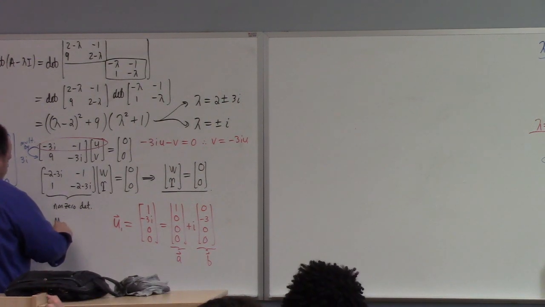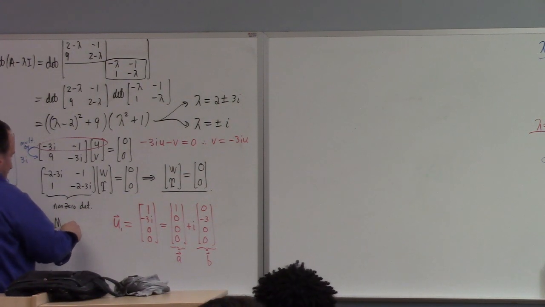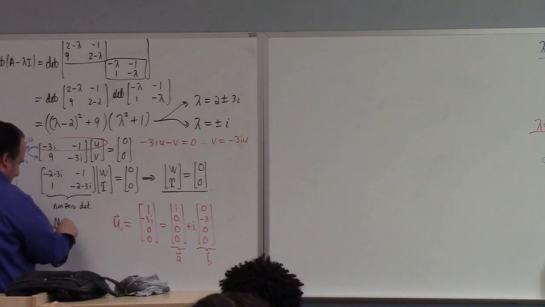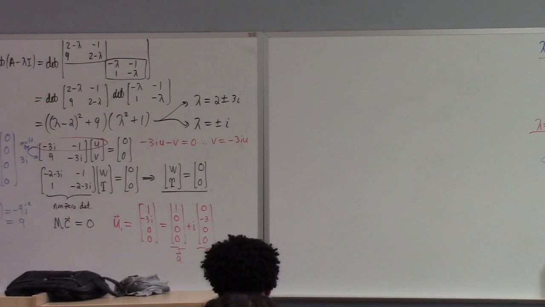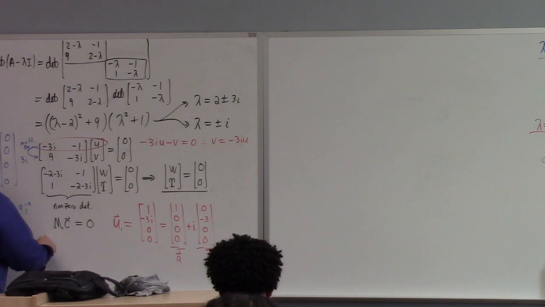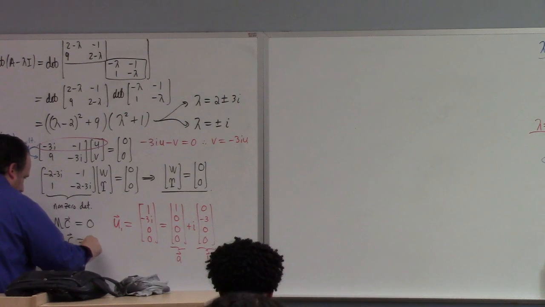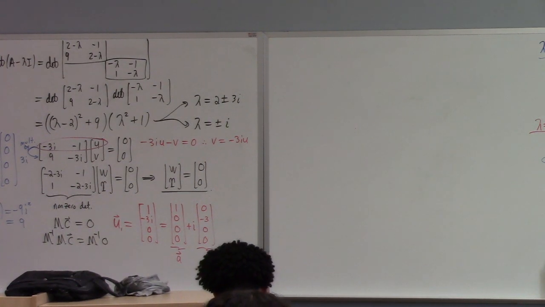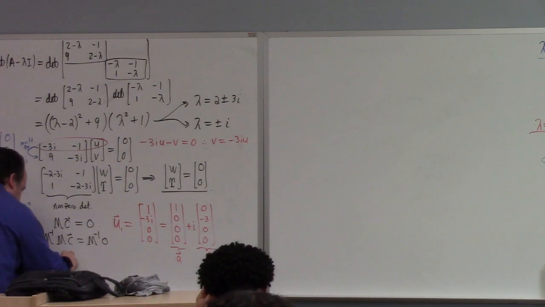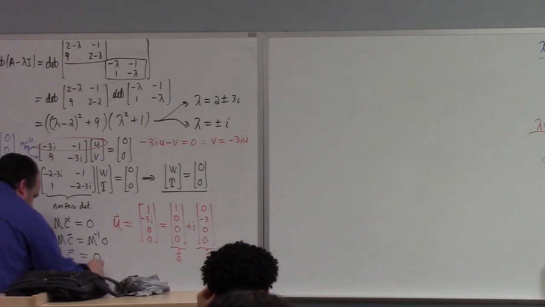I've got a matrix M times a vector, let's say C, equals 0. If M inverse exists, I multiply this equation by M inverse. But the inverse matrix times 0 is just 0. And the inverse matrix times the matrix gives me the identity matrix, right? They cancel out, and you're just left with the constant must be 0.